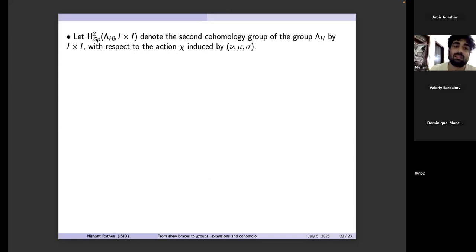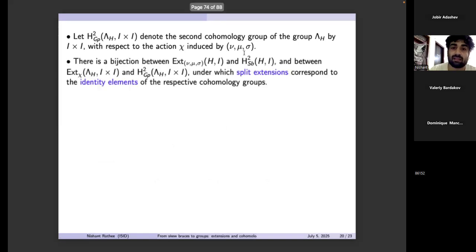Let H2GP(lambda H, I cross I) denote the second cohomology group of the group lambda H by I cross I with respect to the action chi induced by the good triplet of actions mu, sigma, which we have seen earlier. So we know that there is a bijection between the extensions of skew braces and the second cohomology group, and there is a bijection between the extensions of groups and the second cohomology of groups.